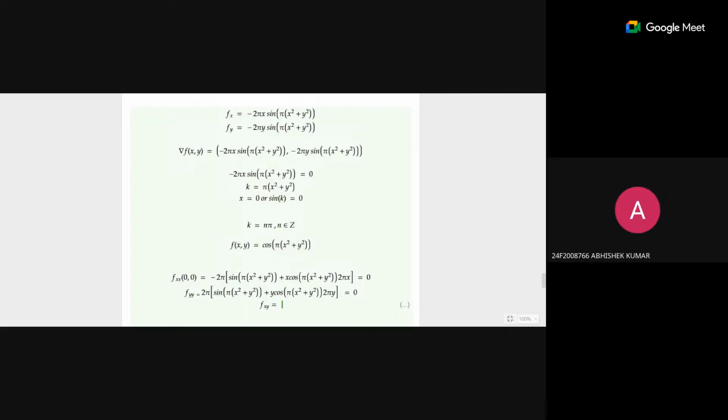I can write 2 pi, so 2 pi you can take common, times cos of pi times x squared plus y squared, into 2 pi y.